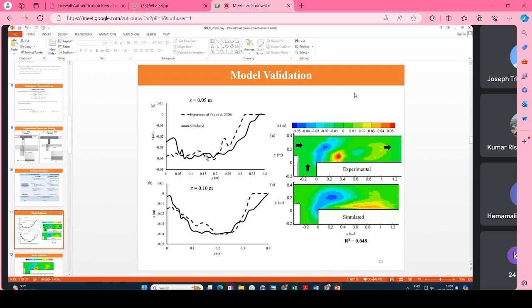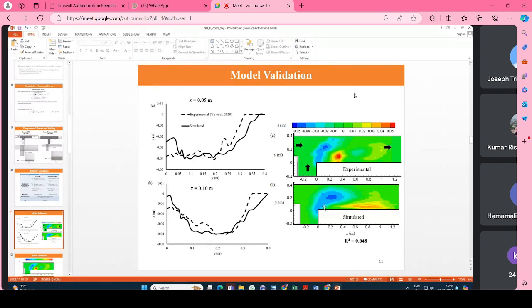Again, the results are satisfactory for engineering application, in the sense that we could predict the maximum scour value, for example 0.0452 meter, and similarly here 0.046 meter.